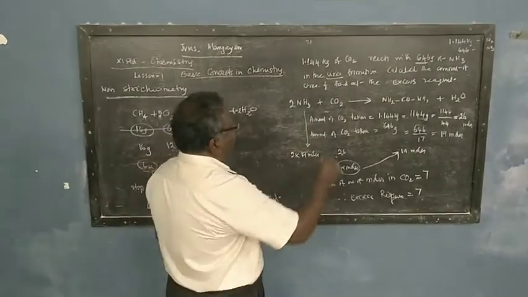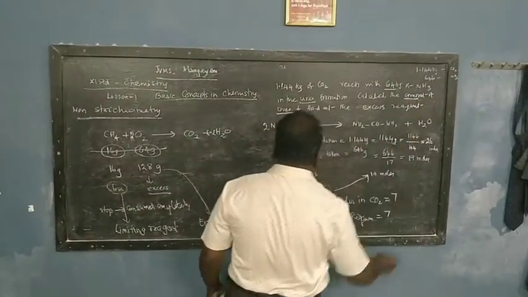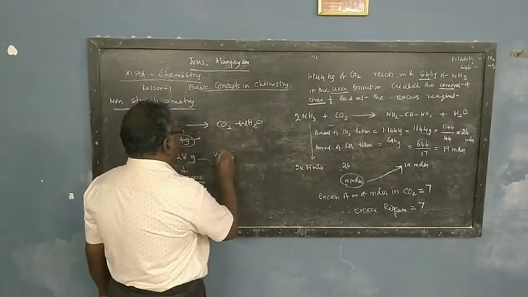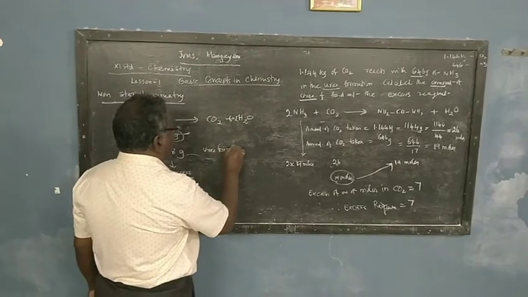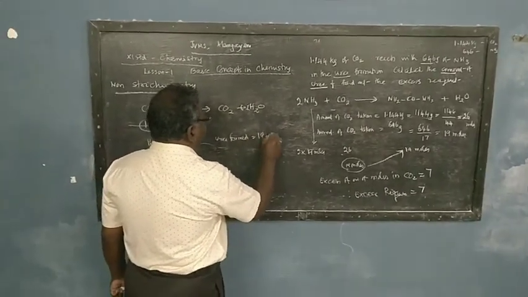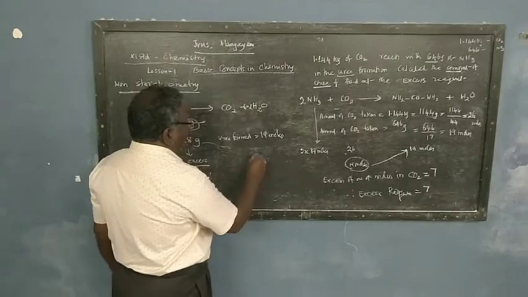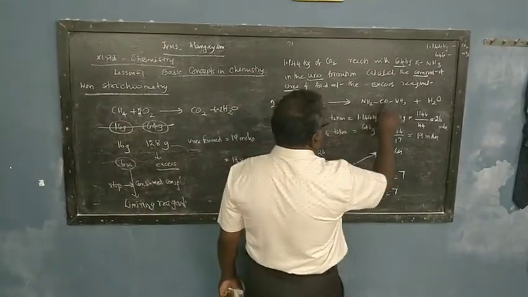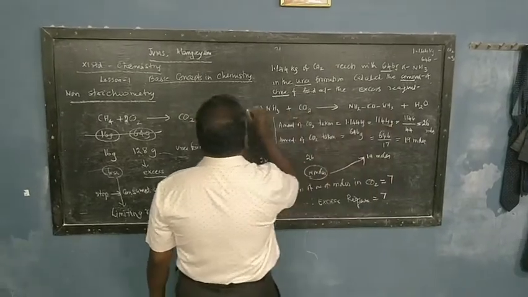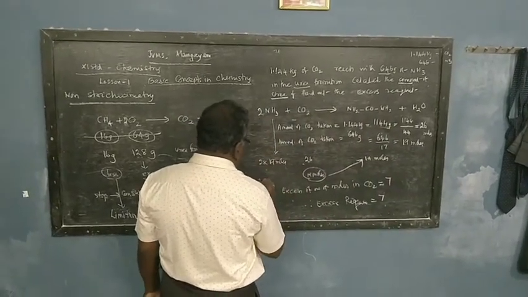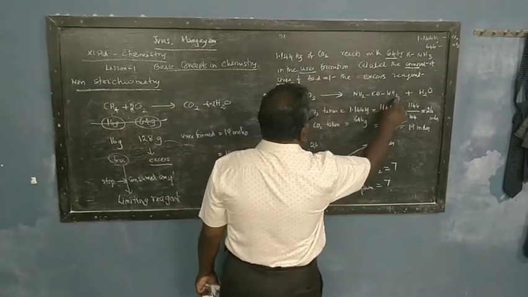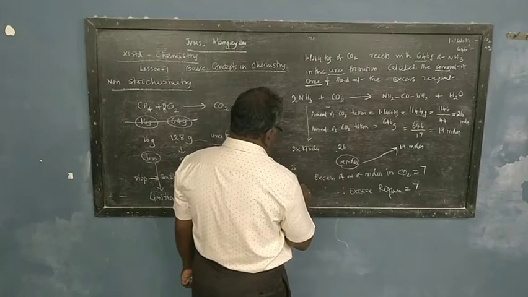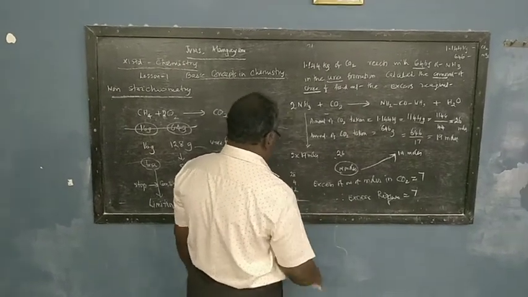Next, the question is to find out the amount of urea formed. Urea formed is equal to 19 moles. But 19 into what is the molecular mass of urea? Urea mass, 2 nitrogen, about 2 into 14, 28. Then 4 hydrogen, 4. 1 carbon, 12. 1 oxygen, 16.